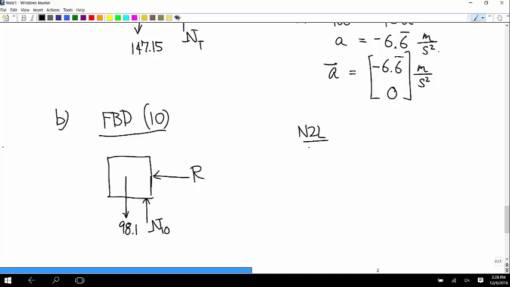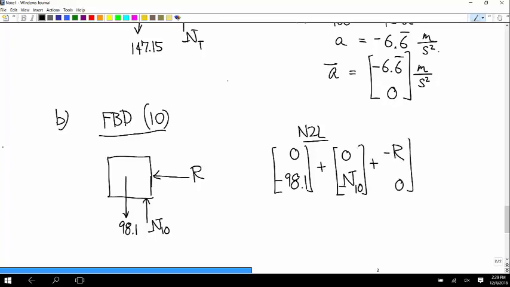And then Newton's second law says 0, negative 98.1, plus 0, N10, plus negative R, 0, because that's in the negative x direction, is equal to the mass, 10, times the acceleration vector we just calculated, negative 6.6 repeating, 0 for y.